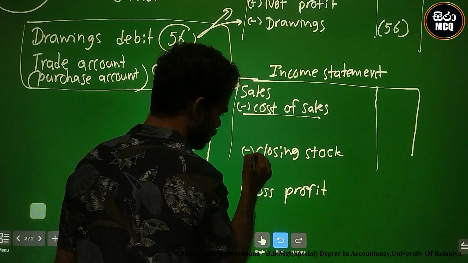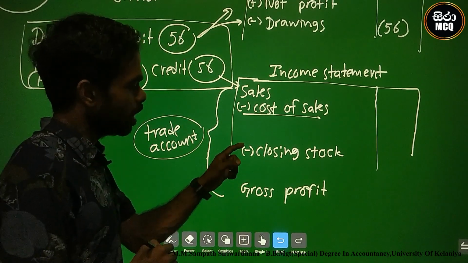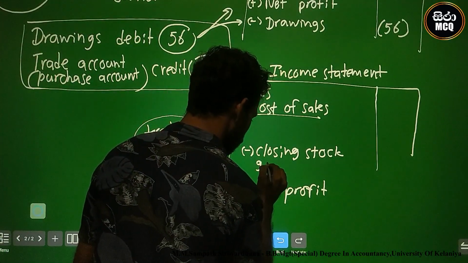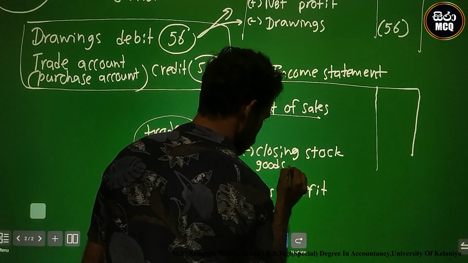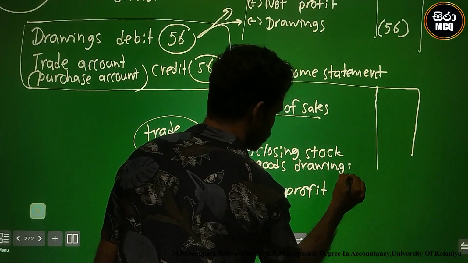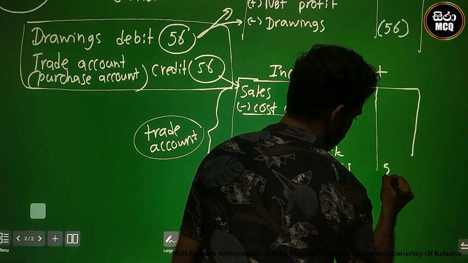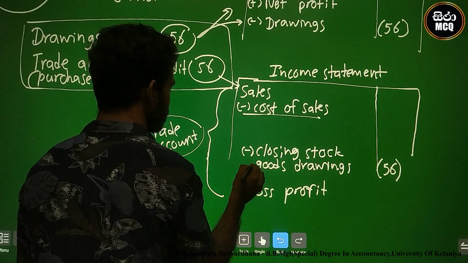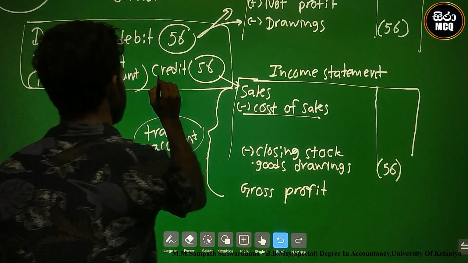You think this is, after the closing stock, you deduct goods drawings. Which amount? 56. This is the short of this credit short.